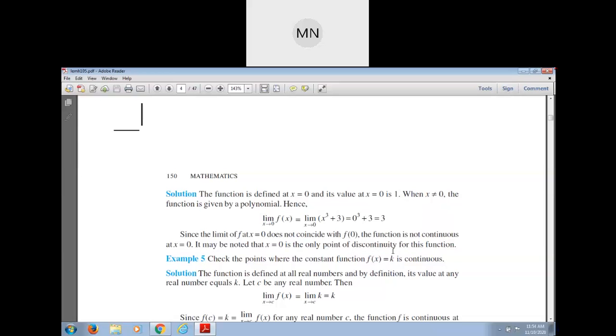Okay, here just write a note. The constant function is continuous everywhere. Next, write number 2. Identity function is continuous everywhere.